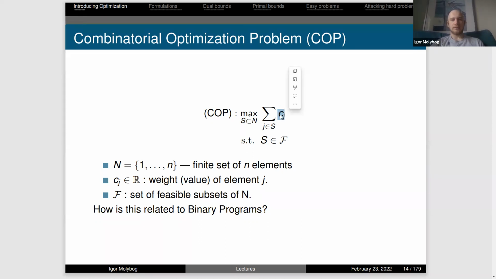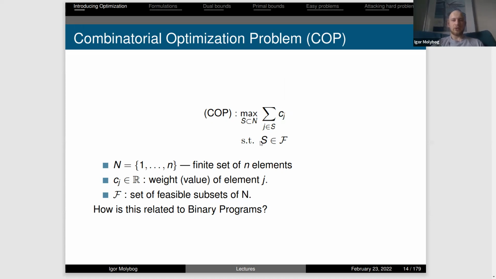It's a function that for each subset S of a finite set of n elements corresponds a number which is composed as a summation over all of the indices that belong to the set, which is our variable at this point, of the coefficients Cj.